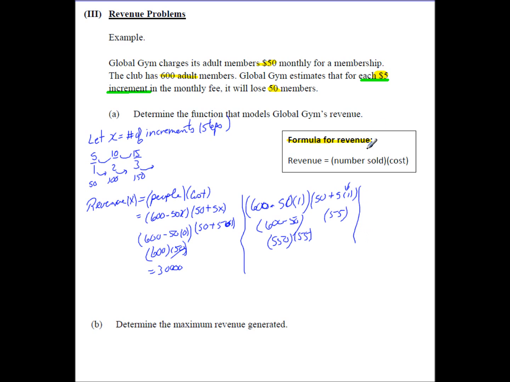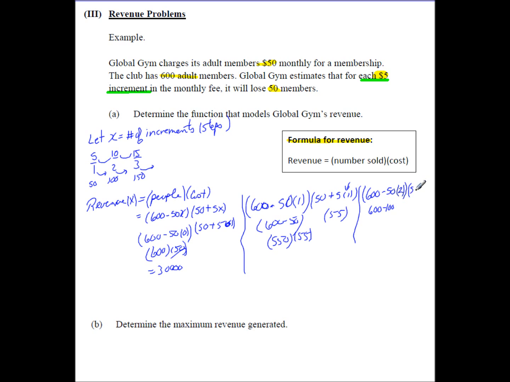Well, let's say they've done that again. 600 people, and you're going to lose 50 people every time you put it up by $5. So let's say they put it up by $5 again. You know that you're going to lose 100 people.